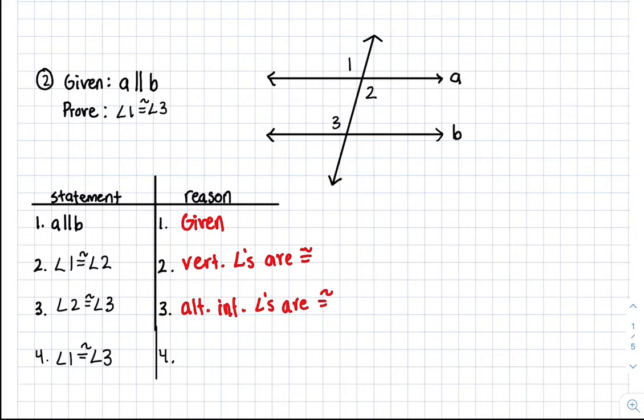And lastly, angle 1 is congruent to 3. So look what we have so far. We have this right here, and we have this right here. So if 1 is congruent to 2, and angle 2 is congruent to angle 3, we can say angle 1 is congruent to angle 3, and that's because it's the transitive property. And notice we use the transitive property from lines 2 and 3.